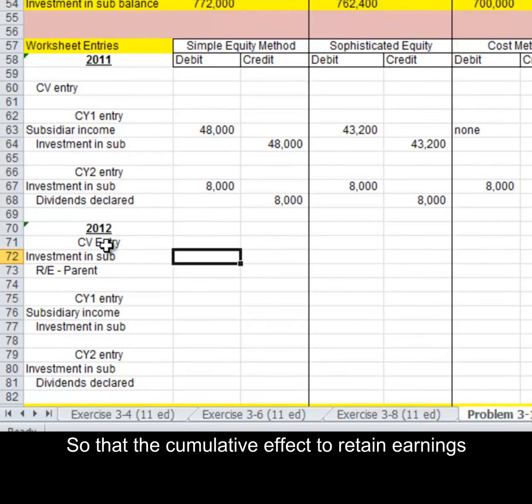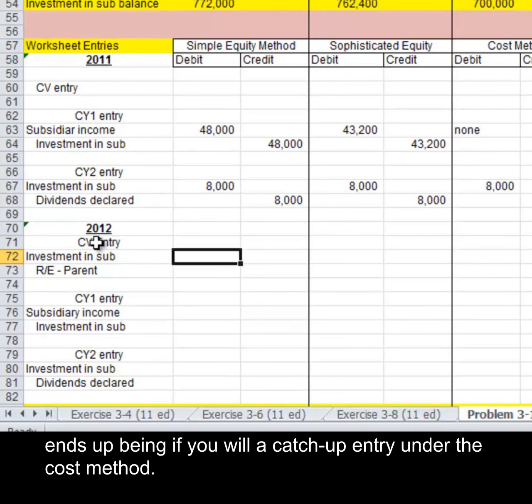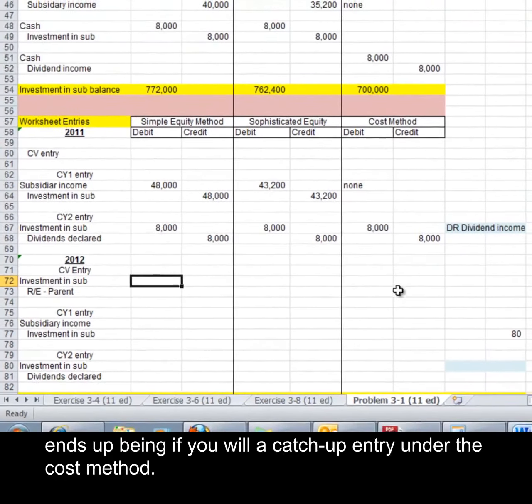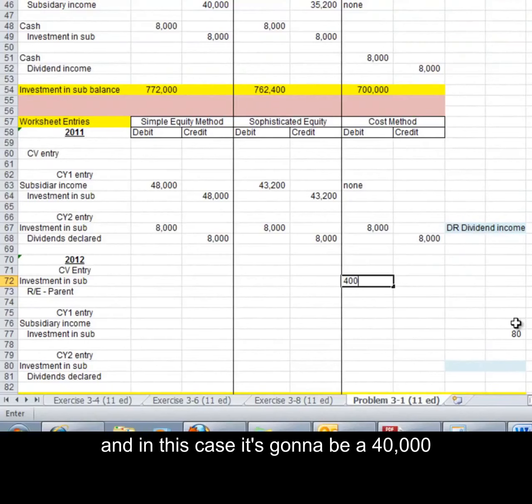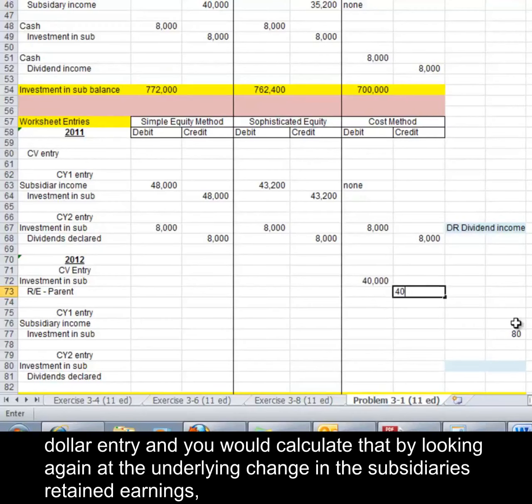So that cumulative effect to retained earnings ends up being, if you will, a catch-up entry under the cost method. So if the cost method is used, that requires a CV or conversion entry at the beginning of the year. And in this case, it's going to be a $40,000 entry.